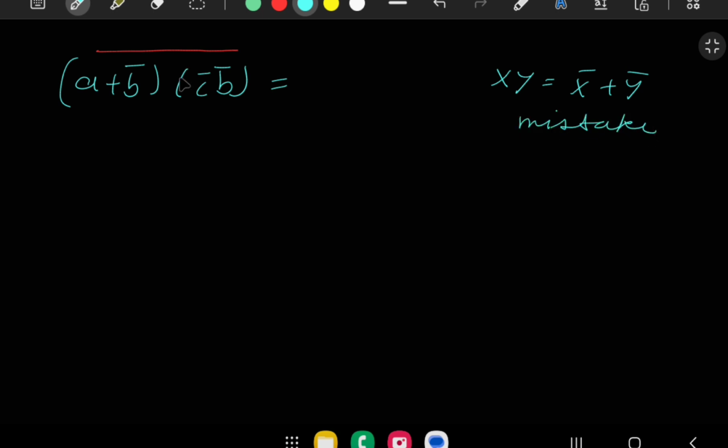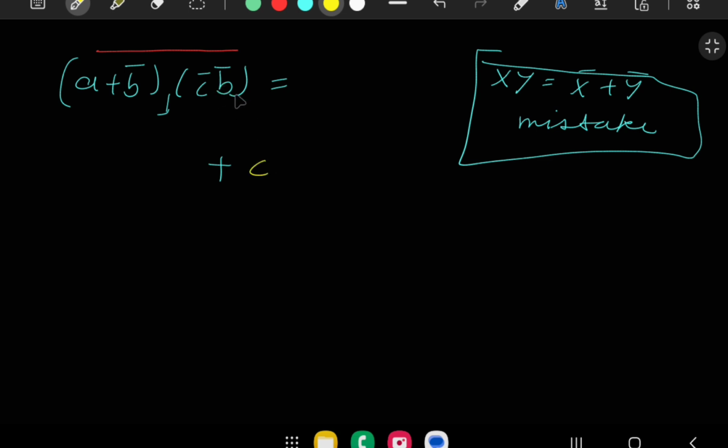There should be a complement, right? So for this expression you have to find the complement, and will become or, c bar will become c, b bar will become b, this and will become or, and similarly a bar and will become or will become and this b again. So this is how the answer will be there, right?